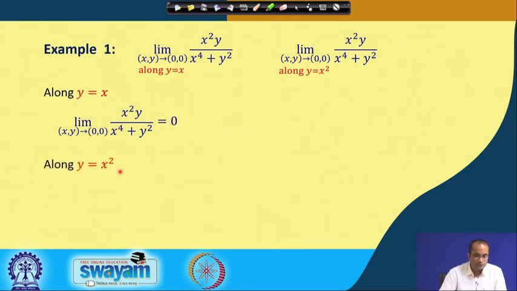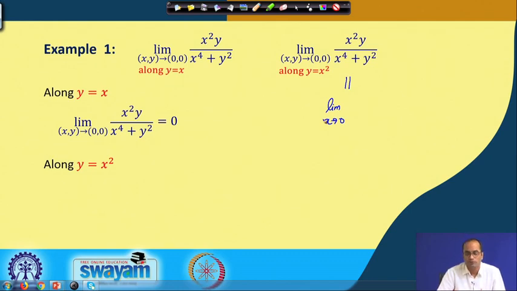Now, if we take y is equal to x square, along this path we have the given limit as x goes to 0. Again, this path y is equal to x square is also approaching 0, but with this parabolic path. So, here we have x, and y is again x square. So, we have x power 4, and y square is x power 4. In this case, what we observe is that we have x power 4 and then you have 2 x power 4 here.